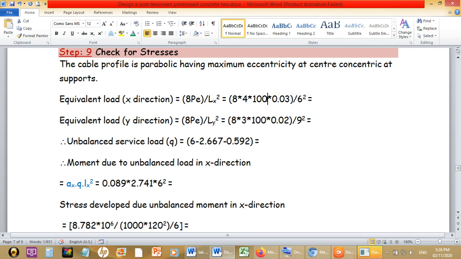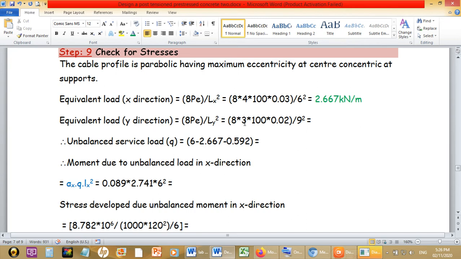Each strand is going to take 100 kilonewton load. Eccentricity is 30 mm converted to meter, and span Lx is 6 meter. So the equivalent load magnitude in x direction is 2.667 kilonewton per meter.